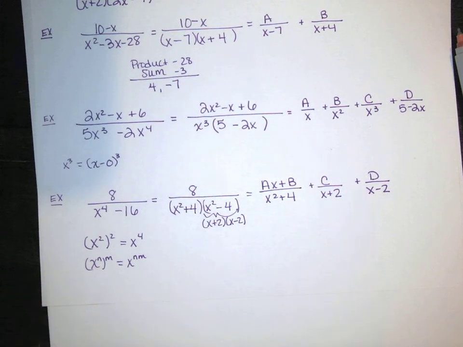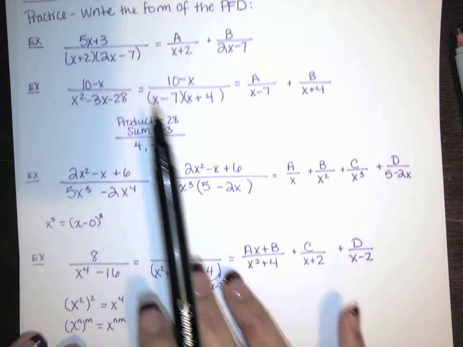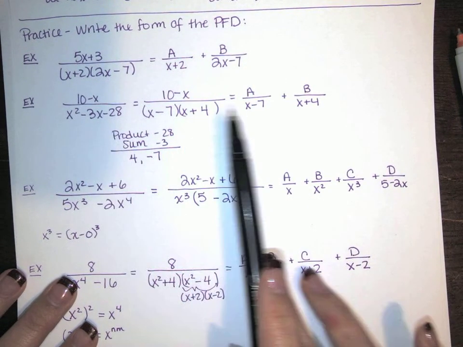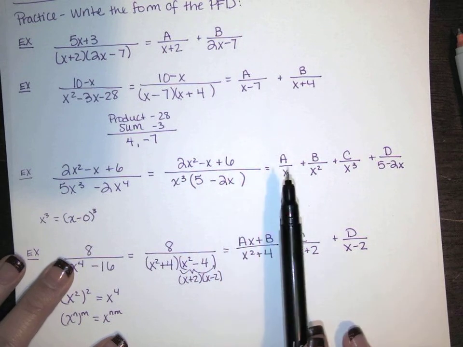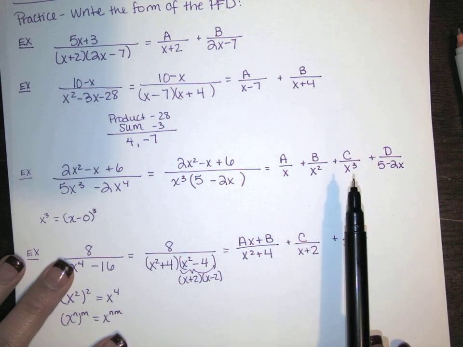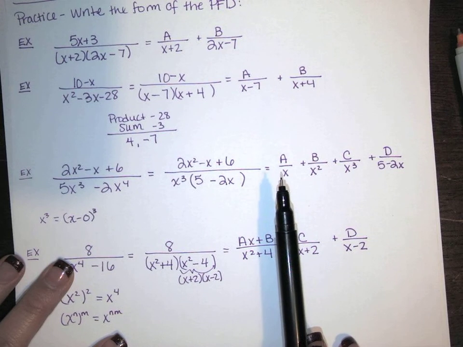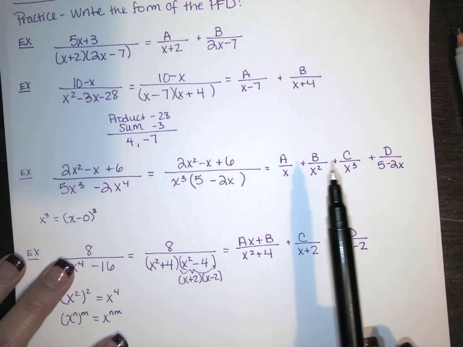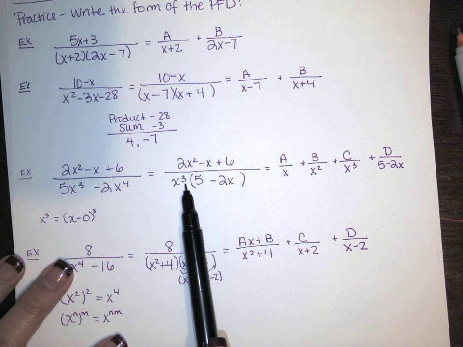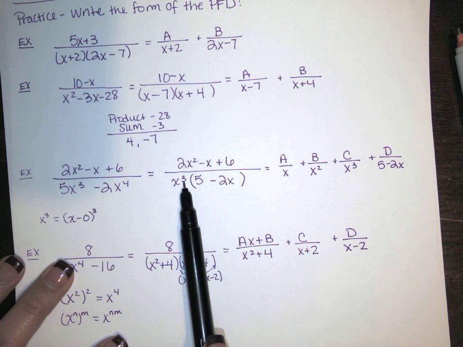Okay guys, that's it for the basics about partial fractions. If you have linear factors, this is what the decomposition looks like. If you have linear repeated factors, if it's repeated 3 times, you get 3 terms, 1, 2, 3. All the way up, you have that mx plus b squared, mx plus b cubed. Whatever that power is, that's where you stop. That's how many terms you get in the decomposition.